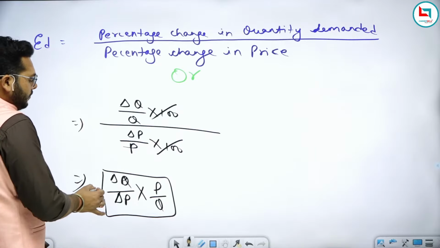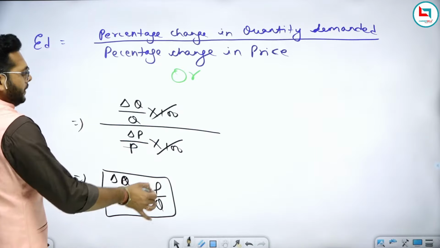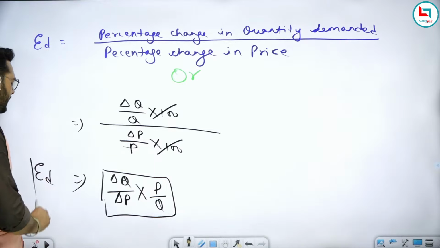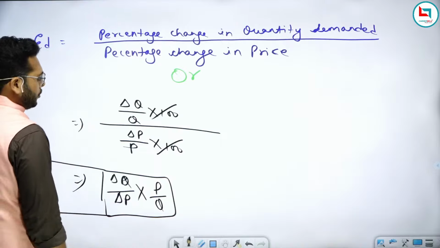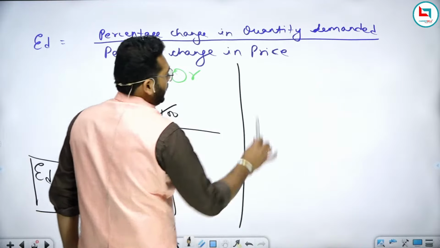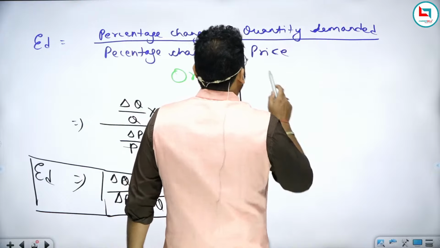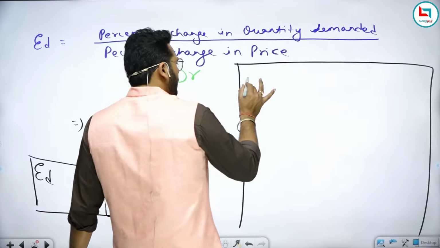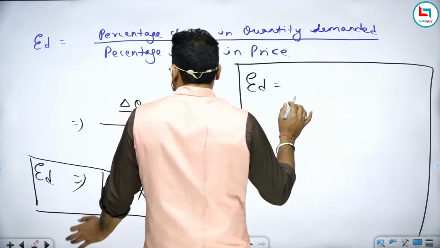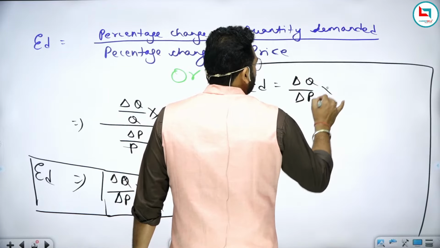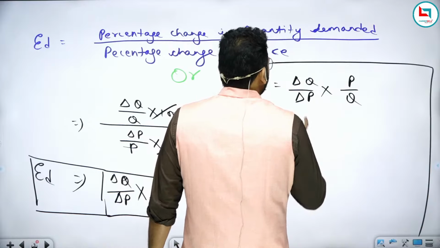So you get the final answer: ED is equal to delta Q upon delta P multiplied by P upon Q. This is the final formula.